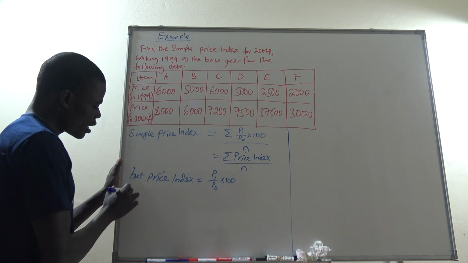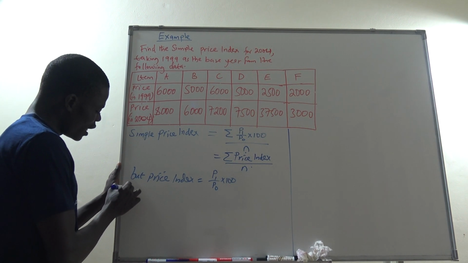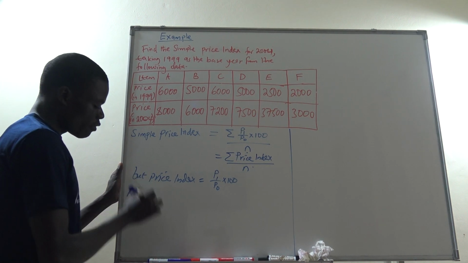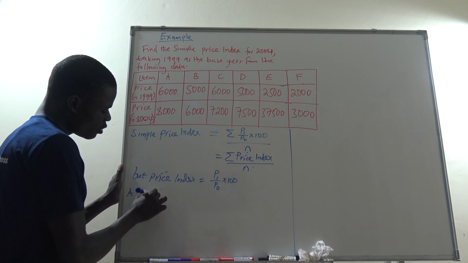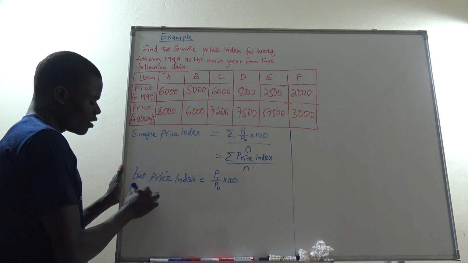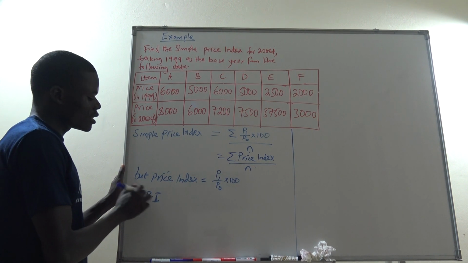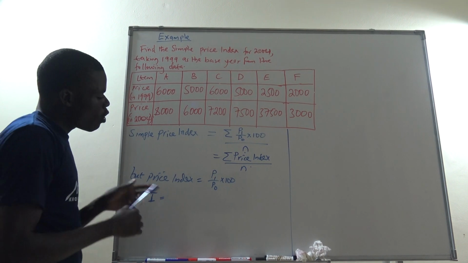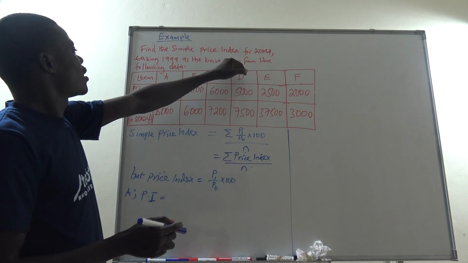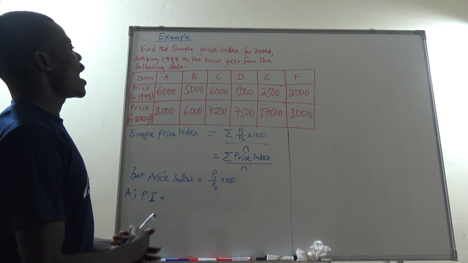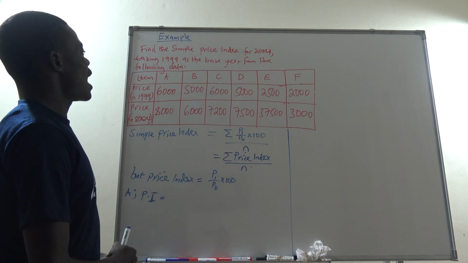So we start one by one. For item A, our price index, which I'm going to note as PI, standing for price index, is given by, so here they have said taking 1999 as the base year.